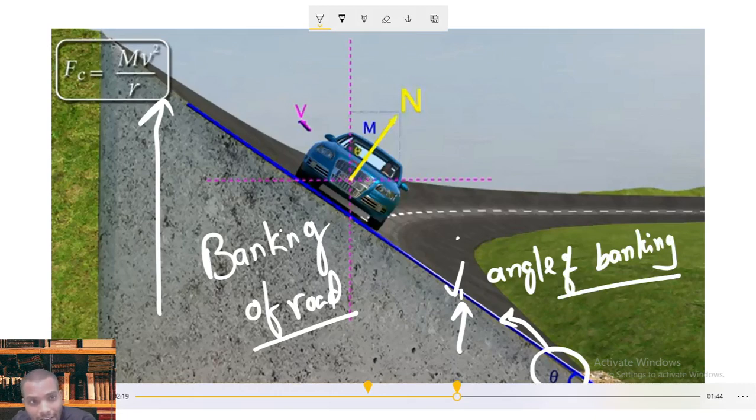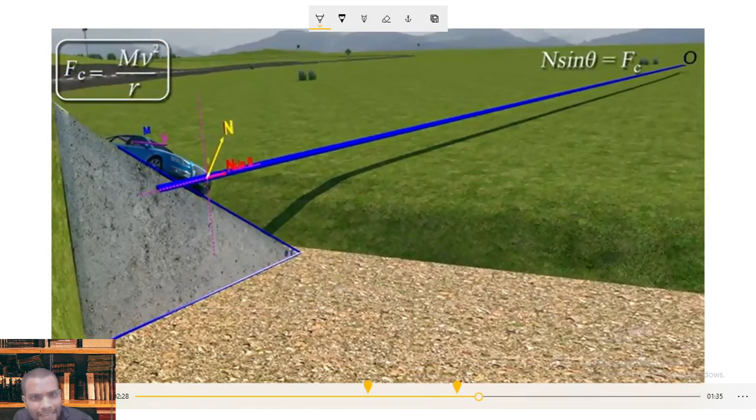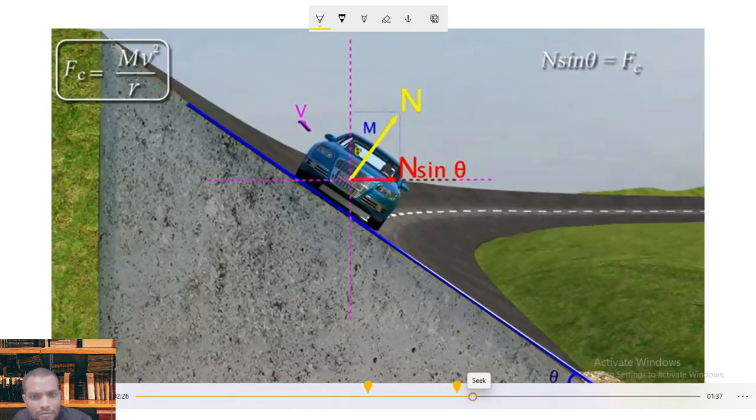So let's see how this angle of banking will help us to avoid the friction problems. If the car is turning on a banked road, the normal reaction force of the car resolves into two components: N cos theta and N sin theta.